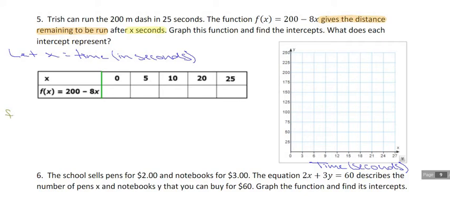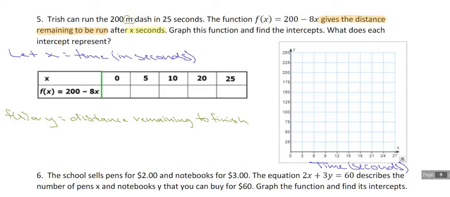So I'm going to write it down here: f of x, or y, equals distance remaining to finish, and that is in meters.